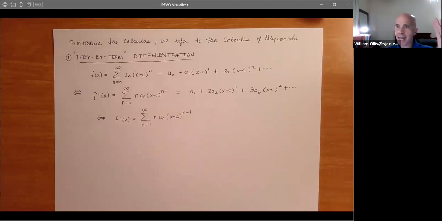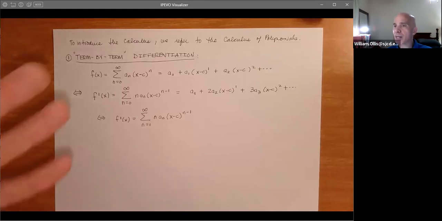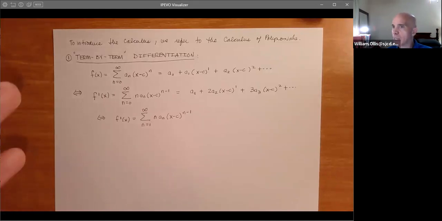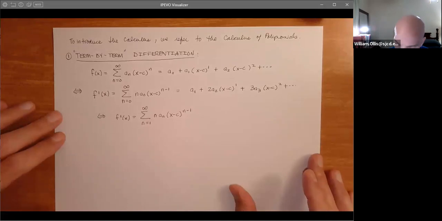It's like adding x squared plus 3x squared. That's 4x squared. But we can't add x to the n and x to the 2n. Those are different terms. So we have to re-index if we can. Maybe we can't, but we can always try to re-index to make sure that we can combine things in an algebraically legitimate way, just like you've always done in algebra.